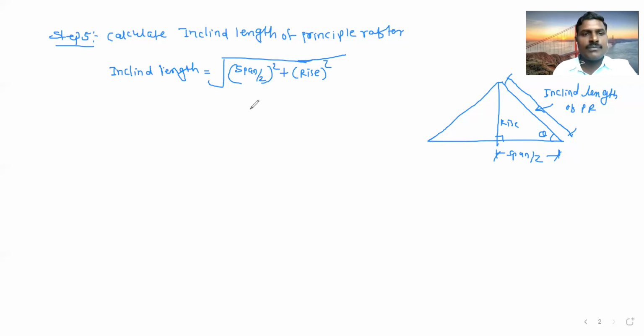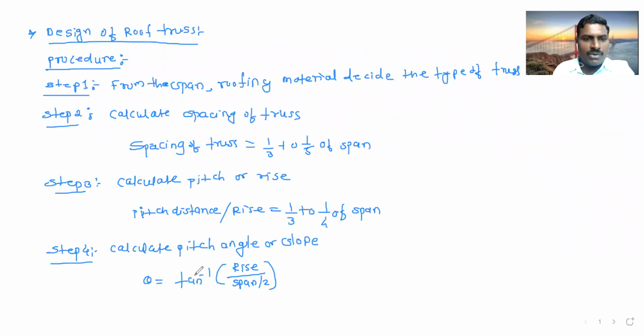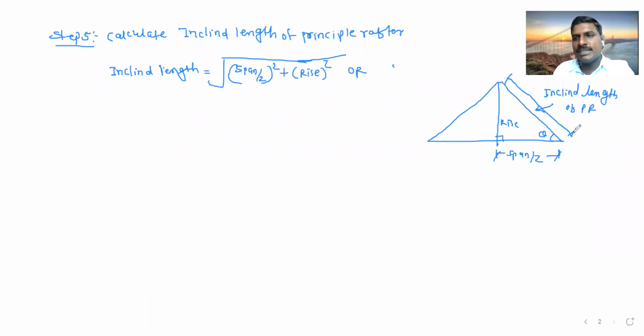Or with theta, how can we calculate? Tan inverse of rise upon span by 2 gives theta. Using this, we have to calculate the inclined length.